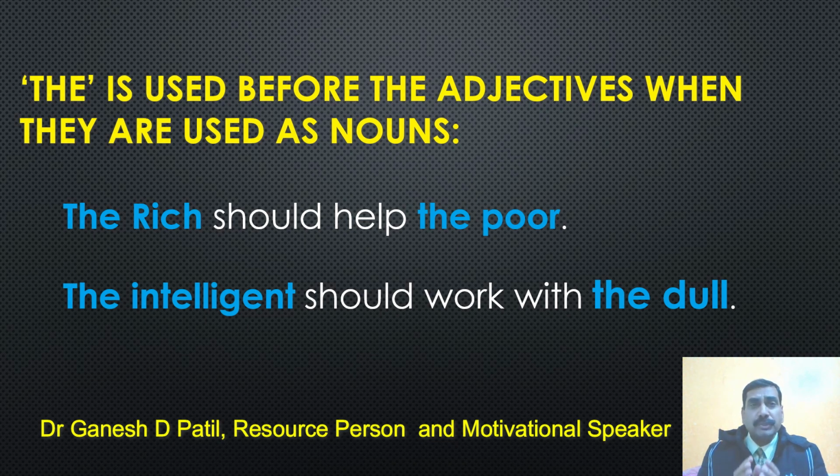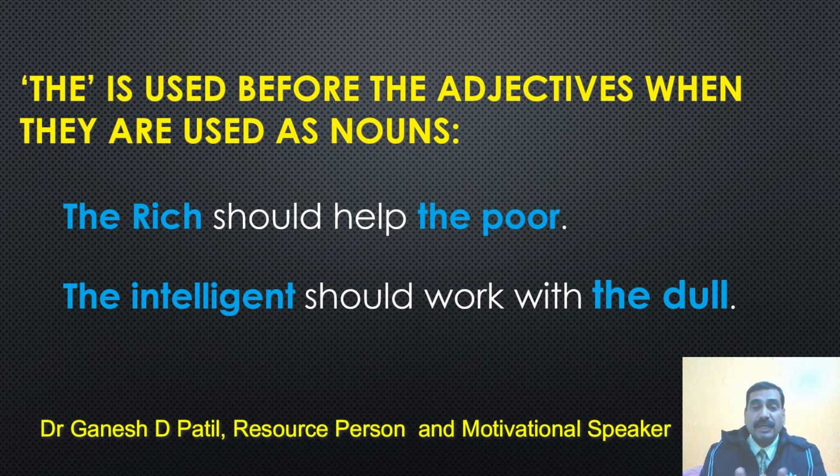When adjectives are used as a noun, when adjectives are used in the place of a noun or a pronoun as a subject or as an object, then the article the is used before those adjectives. For example, the rich should help the poor. Now I said the rich, because rich is not a noun, but it is used in the place of a noun. The adjective is used in the place of the subject, which is the place of a noun or pronoun.